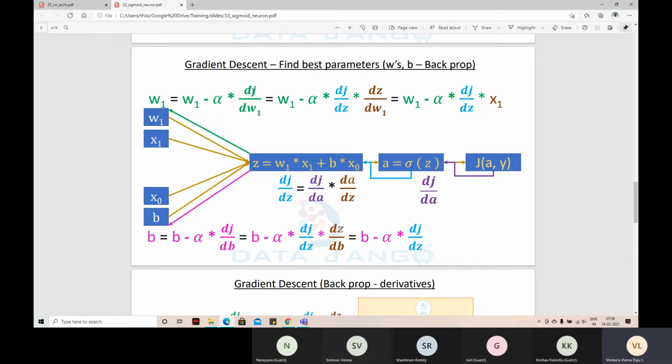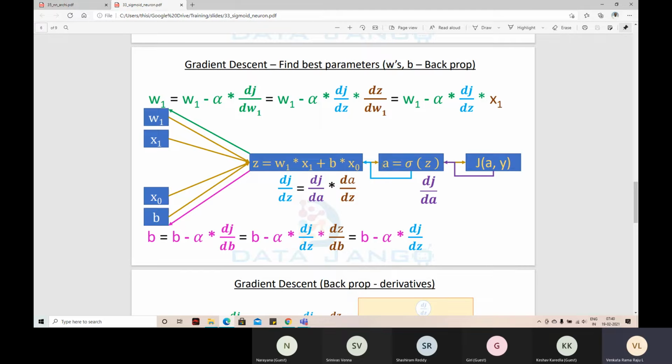To calculate dj by dW1: when you change W1 by a unit, how many units in J is changing? This is that derivative, or slope of the tangent at that point. You need to calculate the derivative of z with respect to W, because z is a function of W's, into dA by dz into dj by dA.